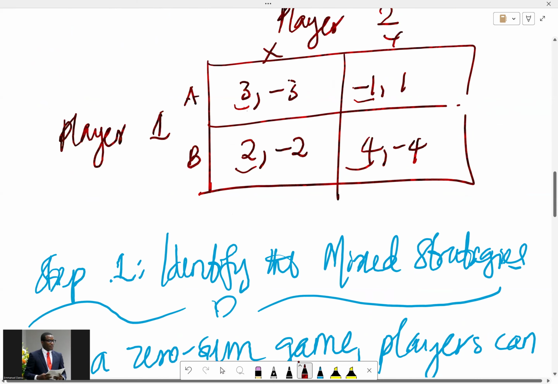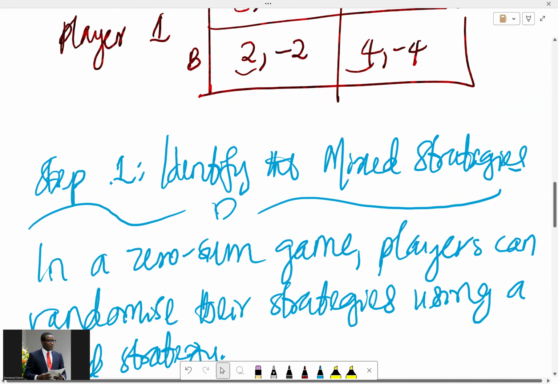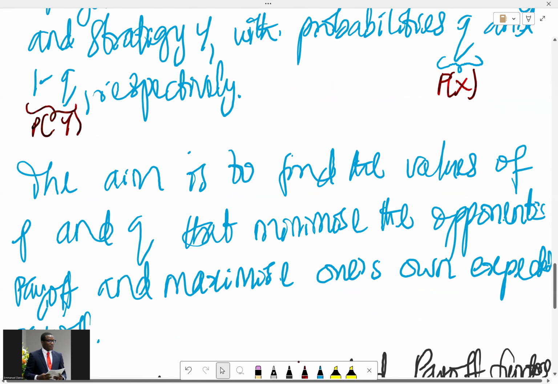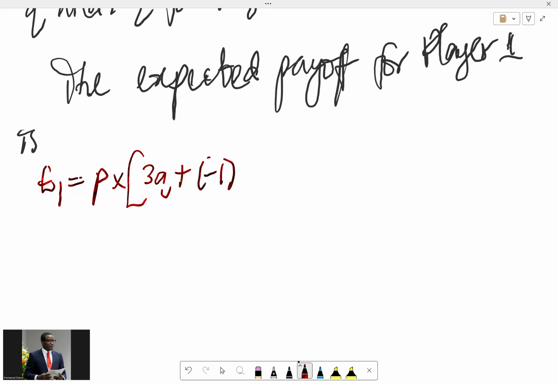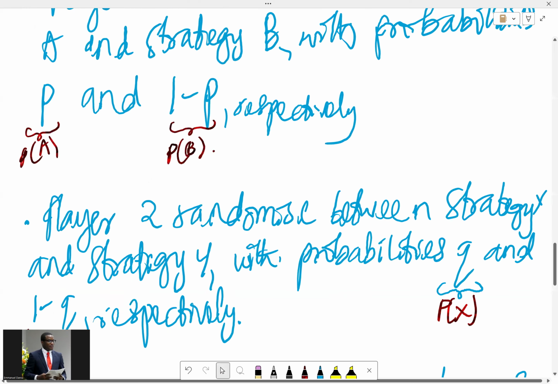So this is 3, the probability that player one uses strategy A, and that payoff of 3 is multiplied by Q. That's the probability that the second player uses strategy X, okay? Plus minus 1. This is what's happening here.